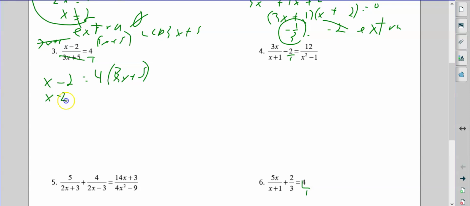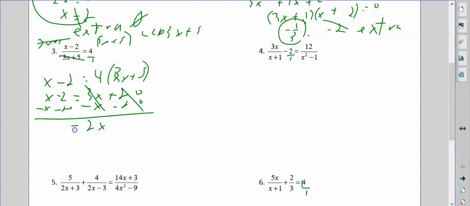So I get x minus 2 equals 3x plus 20. I like to keep my x's positive, so I'm going to subtract x on there and subtract 20 here. That's going to give me 2x equals negative 22. Divide, I get x equals negative 11.